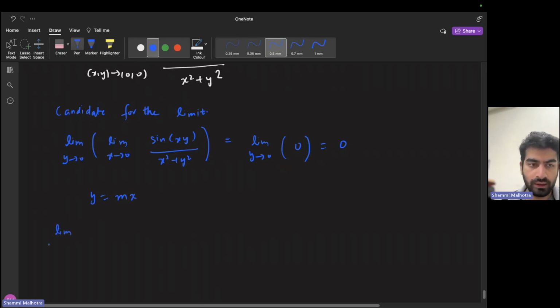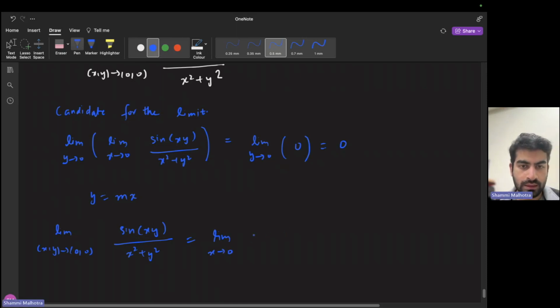So this will be the limit as (x, y) tends towards (0, 0) of sin(xy) divided by x square plus y square. This will be just the limit of x tending towards 0 of sin(mx square), and this will be x square plus m square x square.